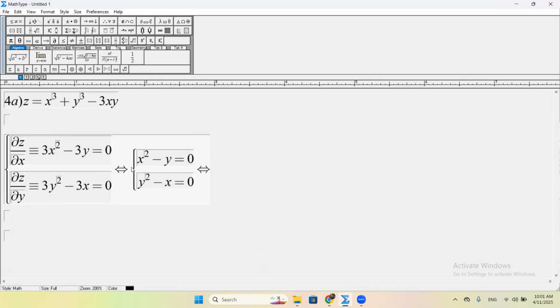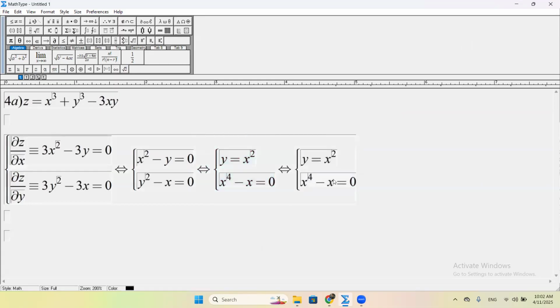Then let's do the substitution. So now y will be equal to x squared. So x to the power of 4 minus x equals 0. Then let's factorize it.